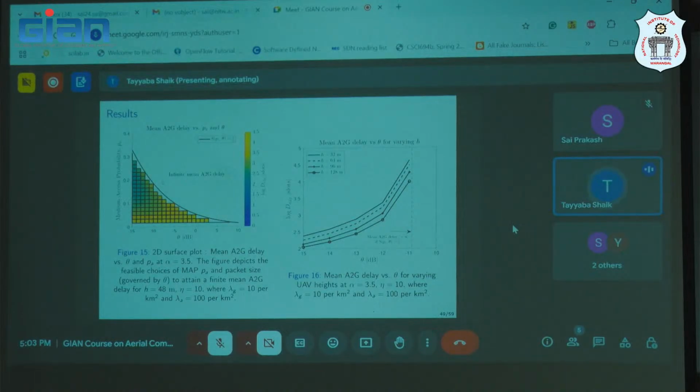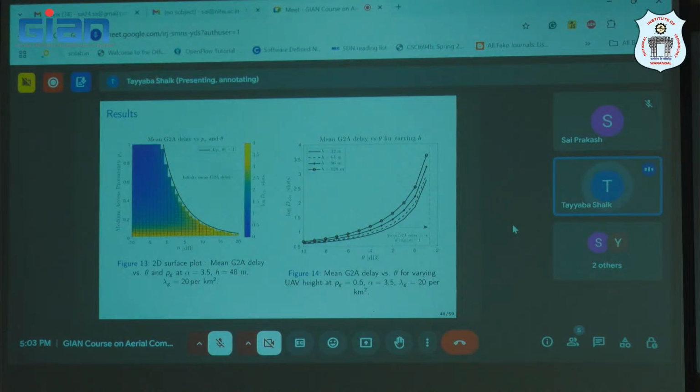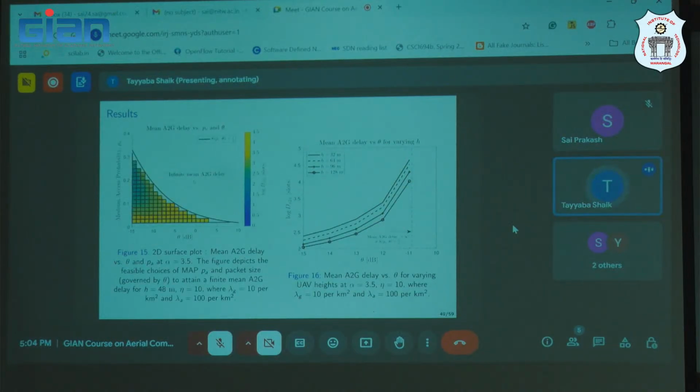One important point I want to mention is that in G2A, this A of PG comma theta, the set of points for which the mean delay is finite, is independent of lambda G and lambda A. But in A to G, it is a function of lambda G and lambda A. Since eta is lambda A by lambda G, you will get a lambda G in the numerator. As you have more lambda G, you will have more and more choices of P and theta for finite mean delay.